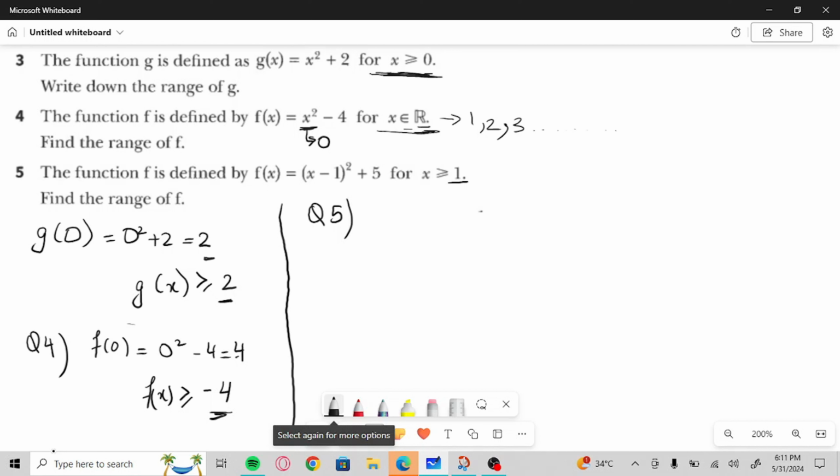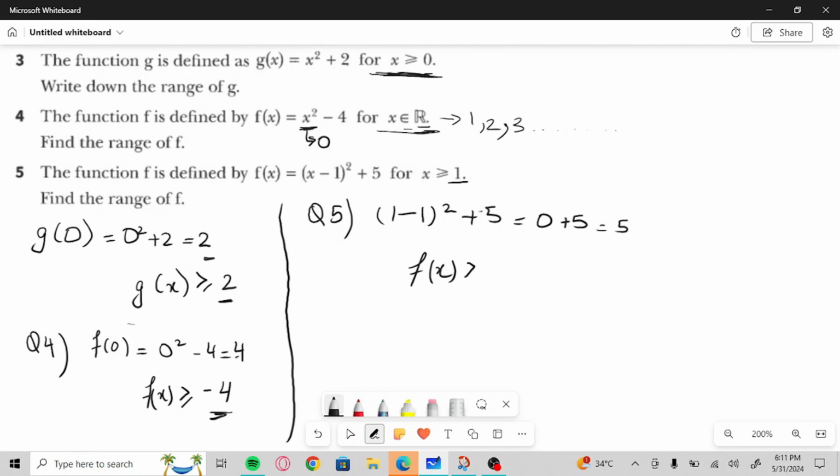So if you just define this to be 1 minus 1 whole squared plus 5, which is equal to 0 plus 5, thus we are going to say this is 5. And we are going to say that f(x) is actually greater than or equal to 5. That means the image, if we input 1, will be 5.